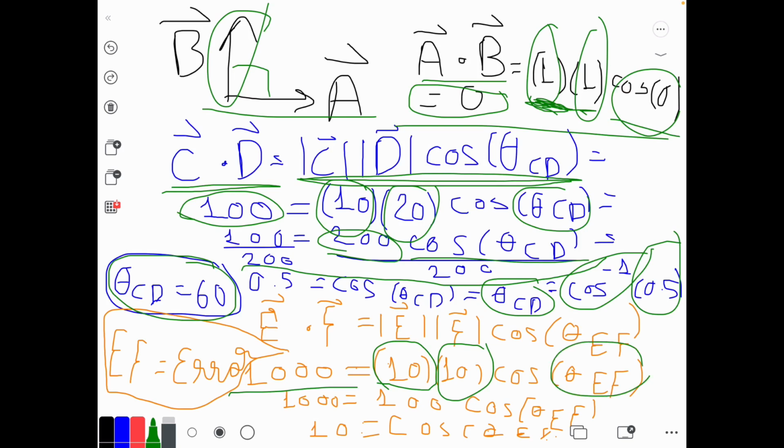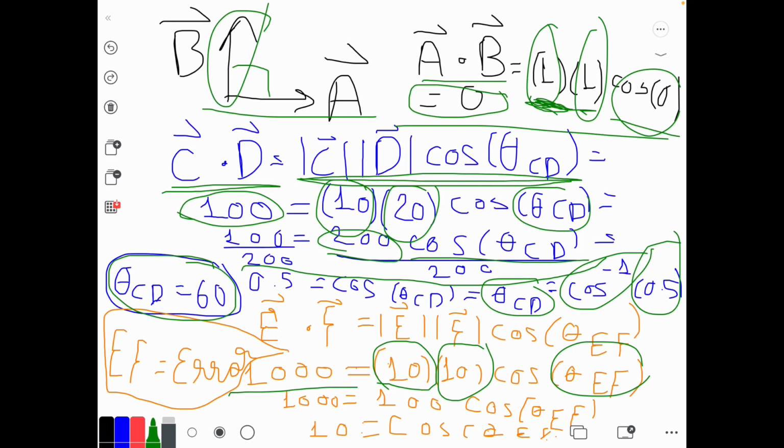Now the question asks why we should be suspicious in the first place that this dot product is not going to work, so that information is false.